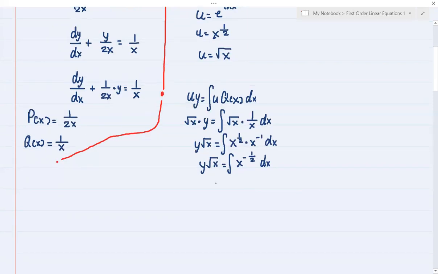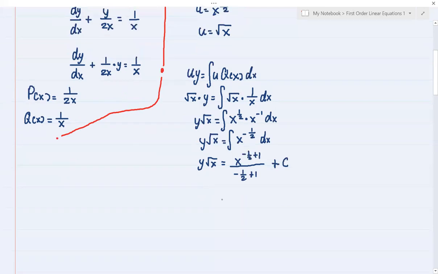Now that we've simplified everything, we're going to integrate on the right side. What is the integral of x raised to negative 1 half? You will have x raised to negative 1 half plus 1 all over negative 1 half plus 1, plus c.